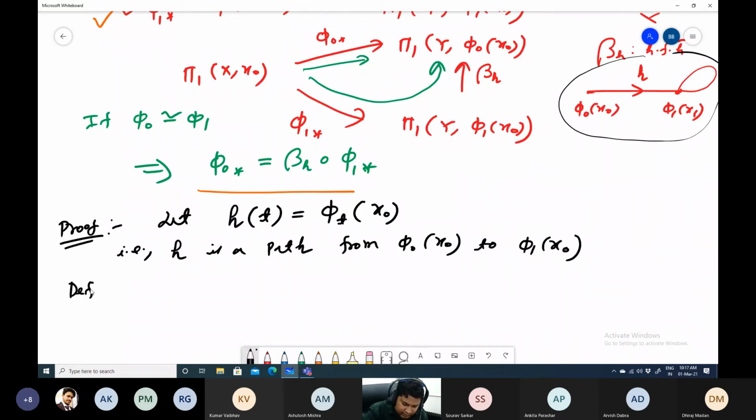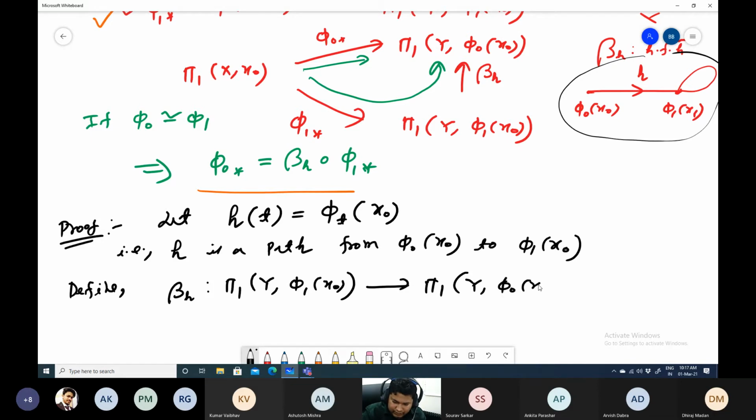We have already seen this when we proved that fundamental groups are not base point preserving. Then beta h is a map from pi1(Y, phi1(x0)) to pi1(Y, phi0(x0)) in the sense that beta h of f, when you have taken a loop, is actually h dot f dot h bar.